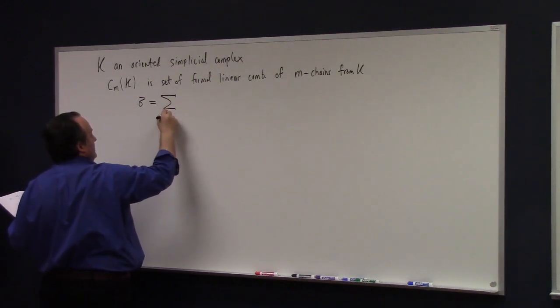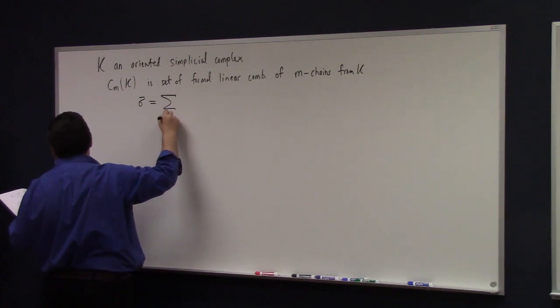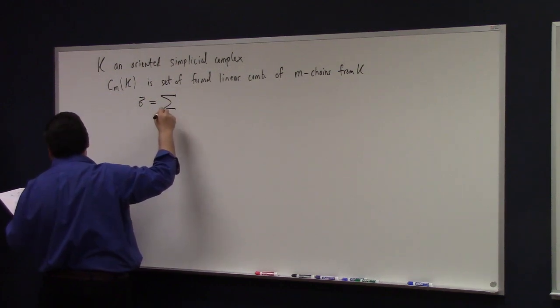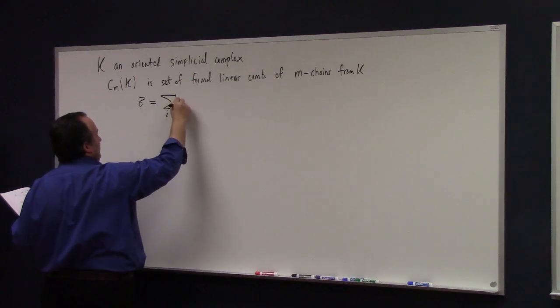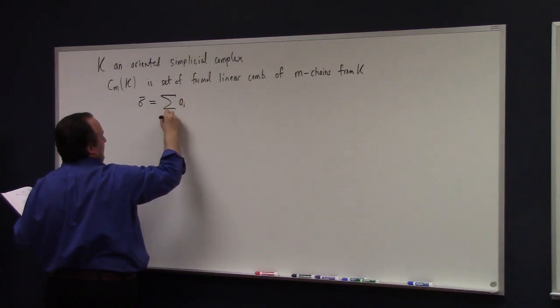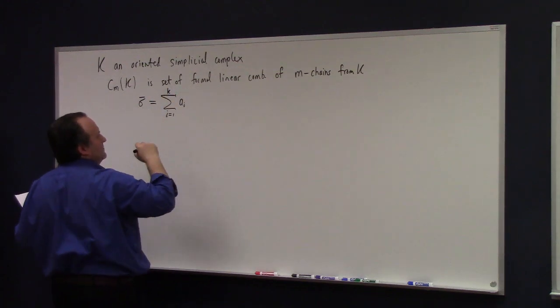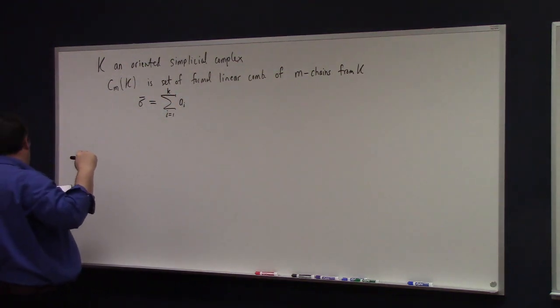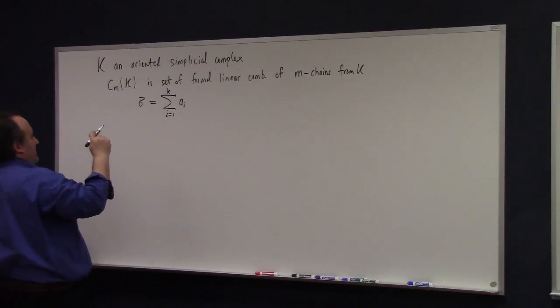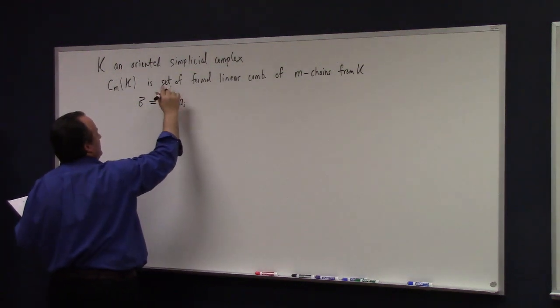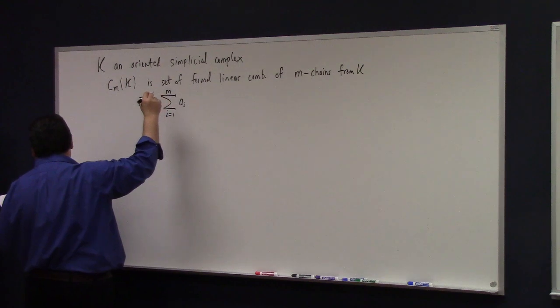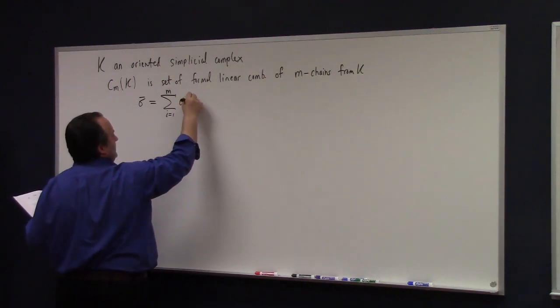Over i. Now i doesn't have to be M, but we have a sub i, i equals, well, I don't know how many there are. Let's say K. Oh wait, this is supposed to be M, right? I think this was M. A sub i, sigma bar i.